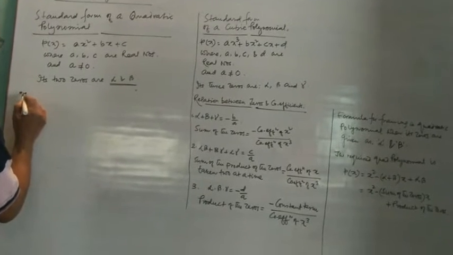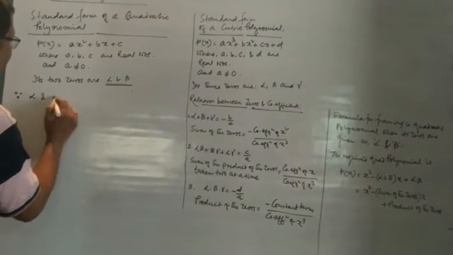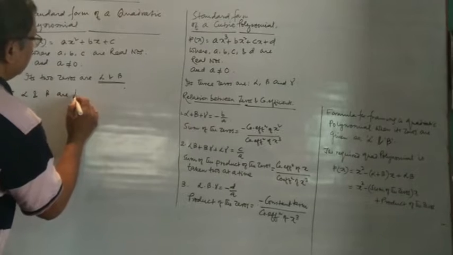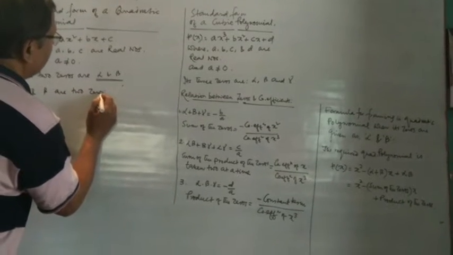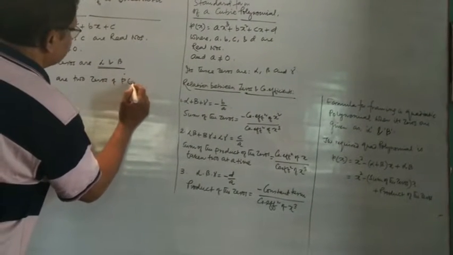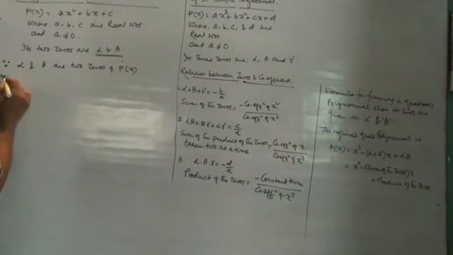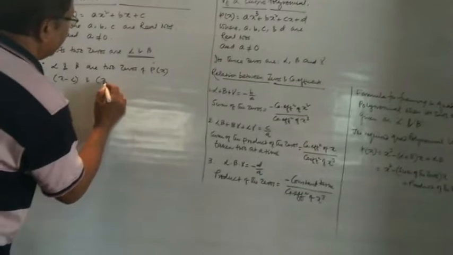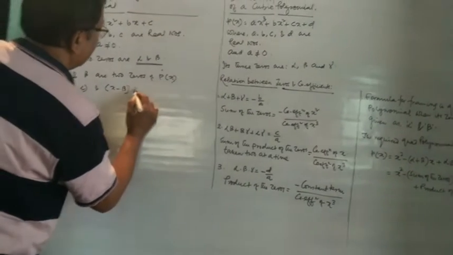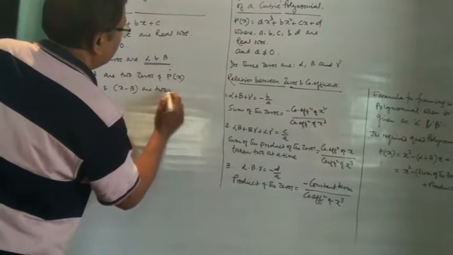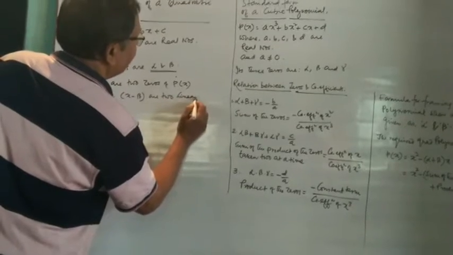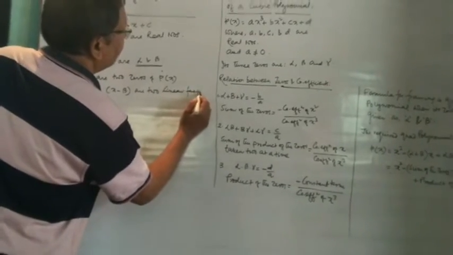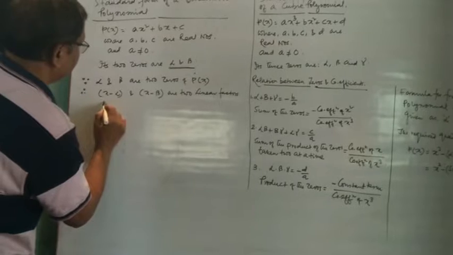Now, since alpha and beta are two zeros of p(x), therefore, x minus alpha and x minus beta are two linear factors of p(x).